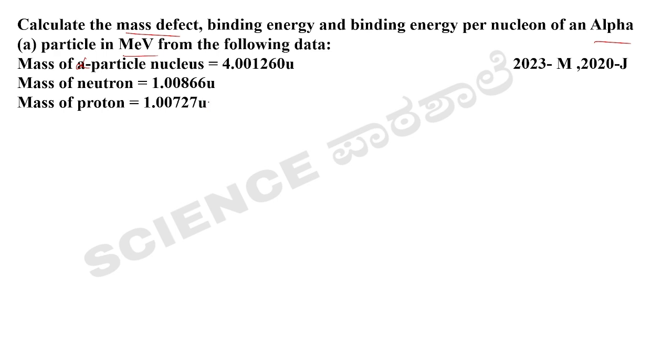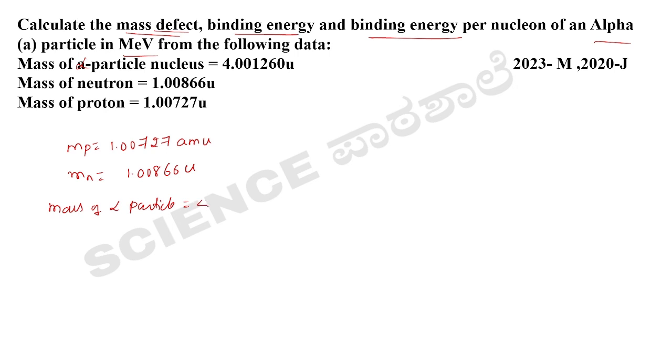So first write down the given data. What do we have to calculate? Mass defect, binding energy, and specific binding energy or binding energy per nucleon. Mass of proton given is 1.00727 AMU or U. Next, mass of neutron is 1.00866 U. Mass of alpha particle nucleus is 4.00126 AMU.